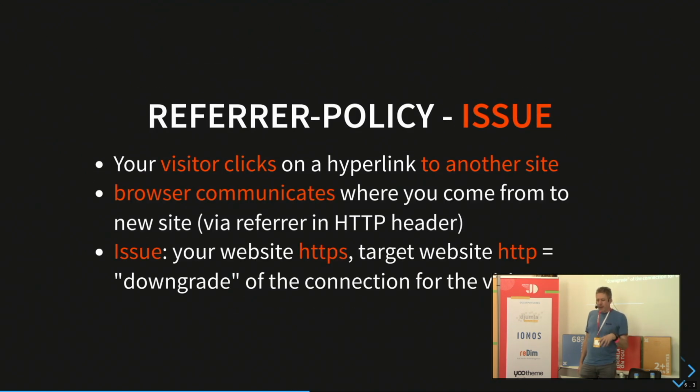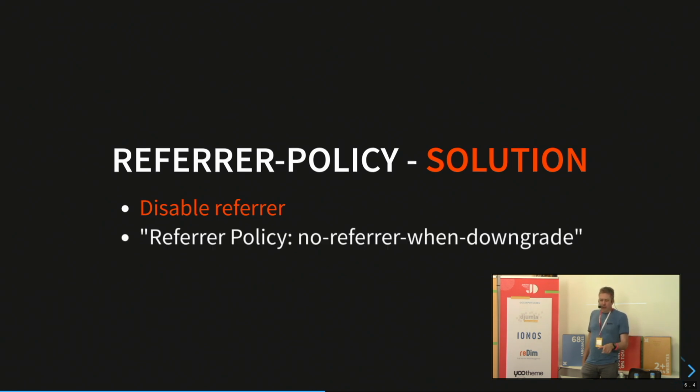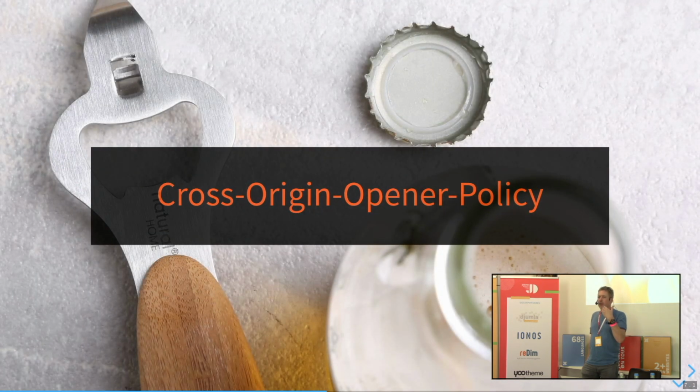The issue is that if your website is HTTPS and the link is HTTP, then it's a sort of downgrade, because it's not as good as HTTPS. So what you can do with the referrer policy is disable it. When you say Referrer-Policy no-referrer-when-downgrade, a visitor of your website that clicks on an external HTTP link will not send the referrer.